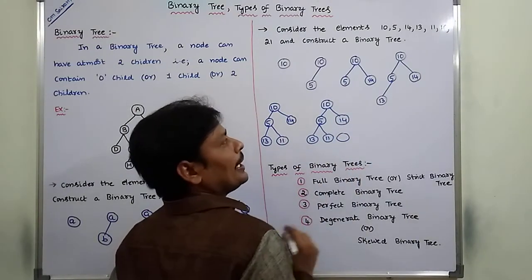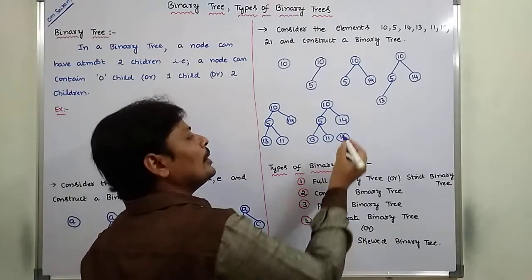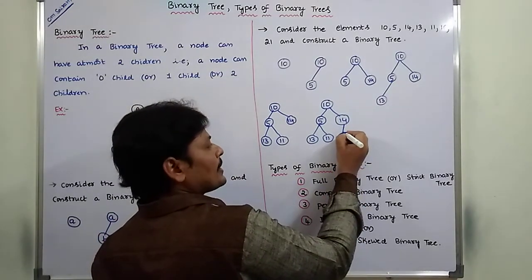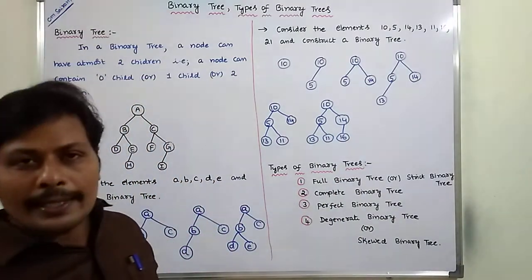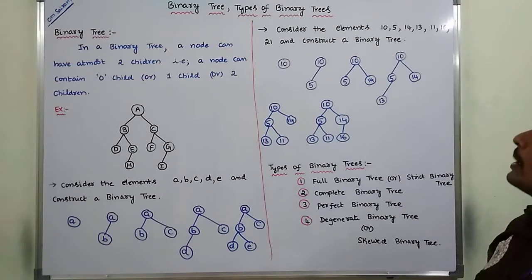So we have to create a node and insert the value 16 into that node, and 16 becomes the left child of 14. Okay. Next we have to insert 21.